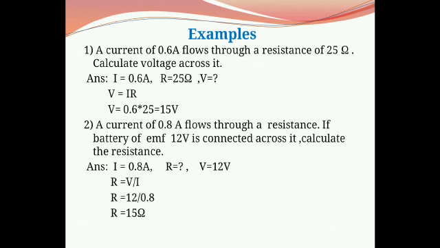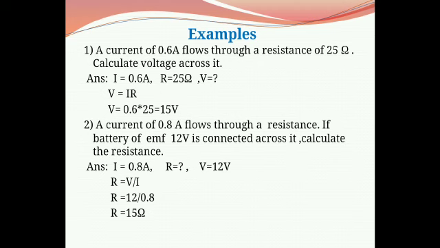First example: a current of 0.6 ampere flows through a resistance of 25 ohm. Calculate the voltage across it. First write down the given values. First given value is electric current of 0.6 ampere, therefore I equals 0.6 ampere.